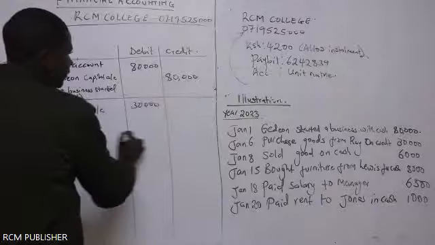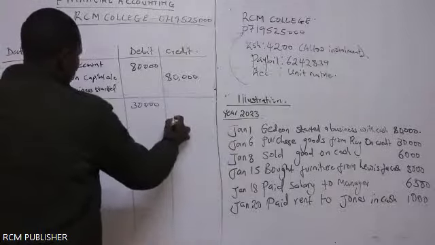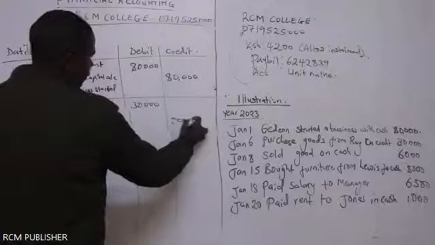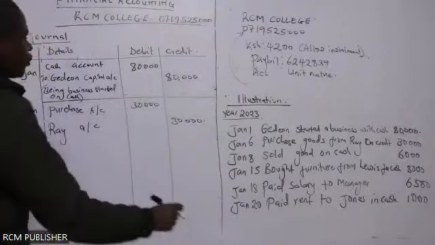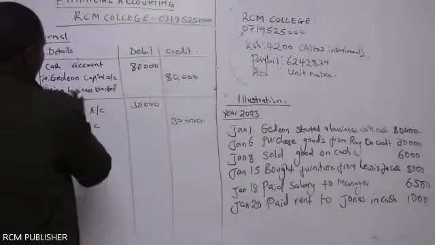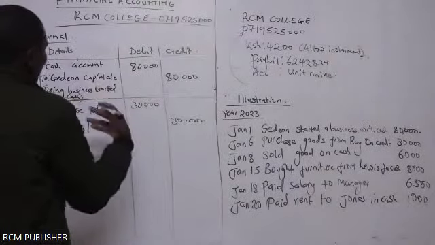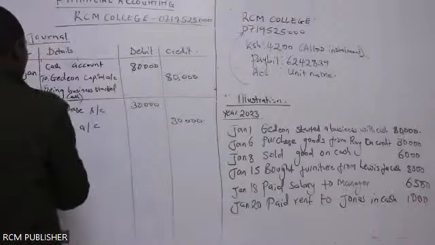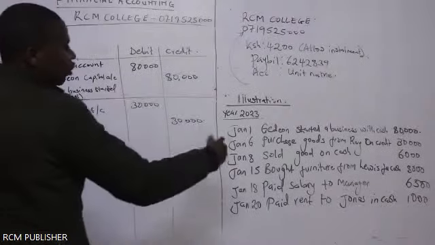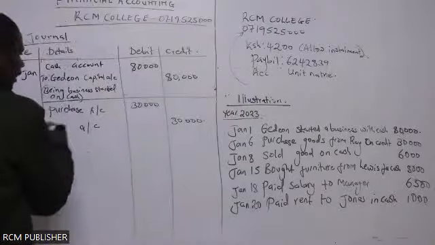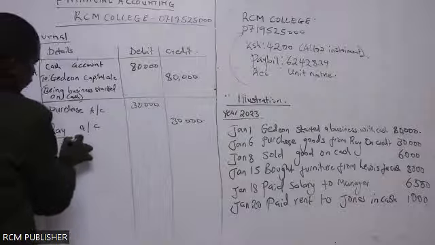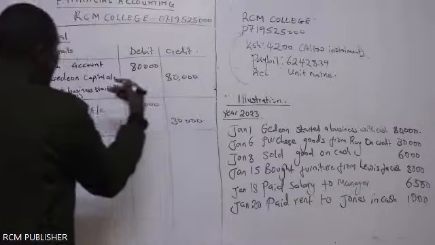Then we are crediting the Lay account with 30,000. And then you give your narration. Here we said being business started on cash. This one will be being purchase of goods on credit. So the narration depends on whatever you are doing, what the transaction involves.